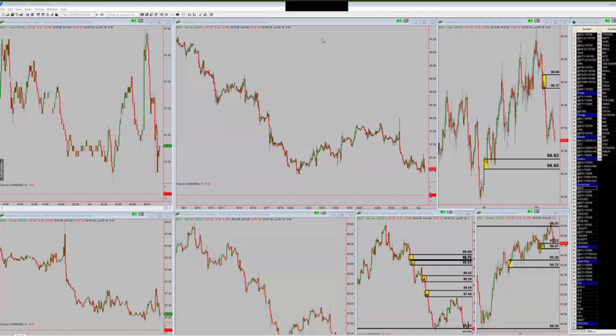What I trained my eye to do by facilitating institutional order flow, that was my job there in the beginning, was to see where banks and major financial institutions, the big money, was buying and selling in markets.